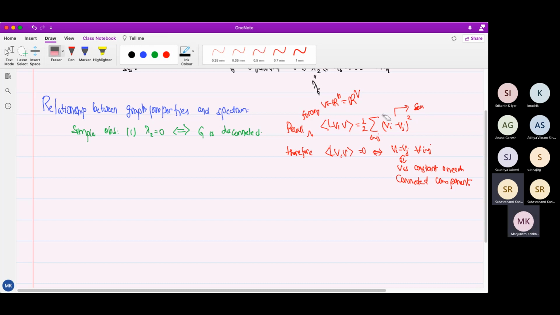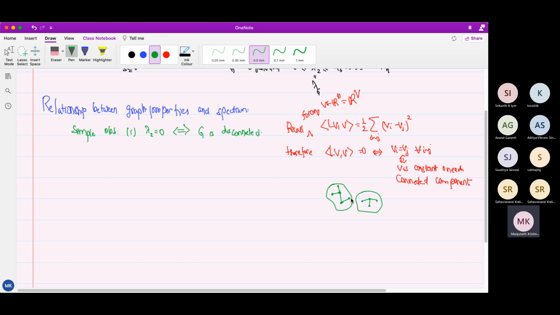Right. Connected component means, if your graph consists of some pieces, and this is a connected component, V has to be constant there because these values are the same: V1 equals V2, V2 equals V3, V2 equals V4, V4 equals V5. It has to be constant on each connected component.